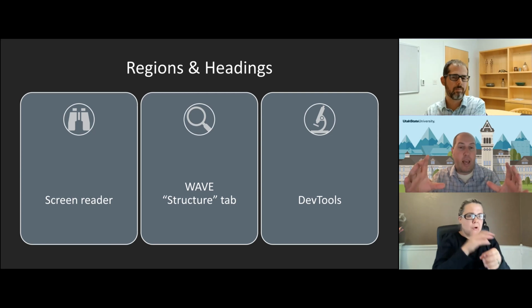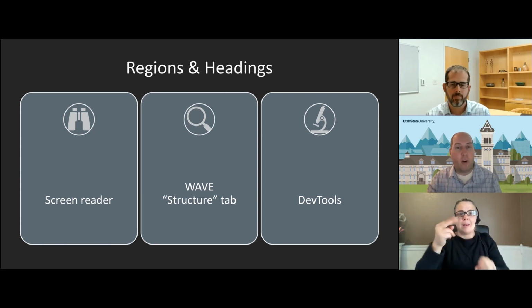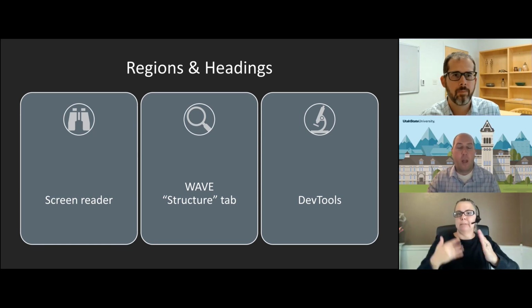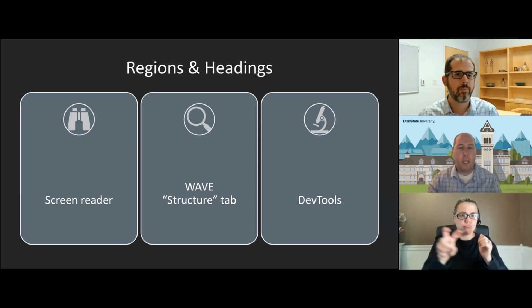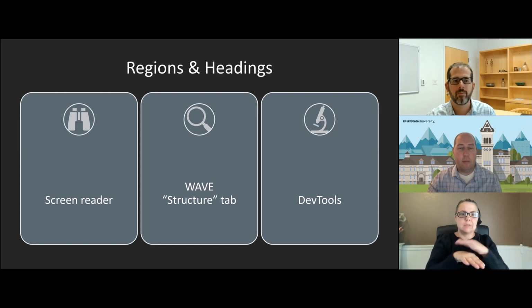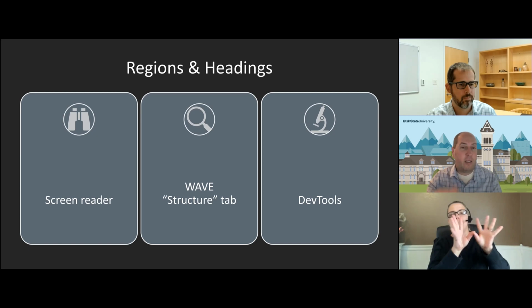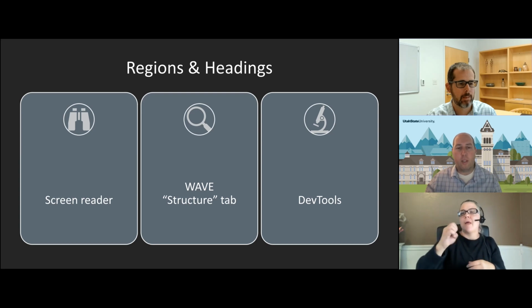So you can identify the header, the main content, the footer area, sidebars, search areas, navigation, and so forth. Really helpful for accessibility. You can also identify headings in the page: the main first level heading that describes the content of the page, subheadings that describe sections of content, and then subsections and so forth. That heading structure is really important to accessibility.